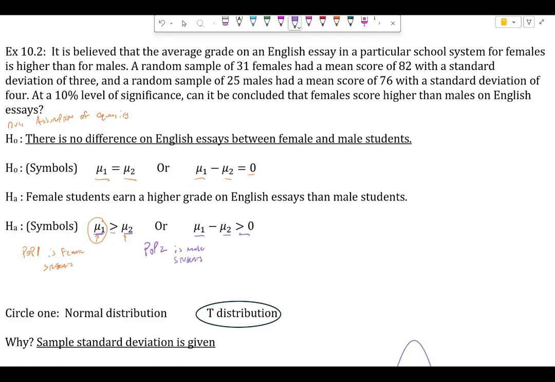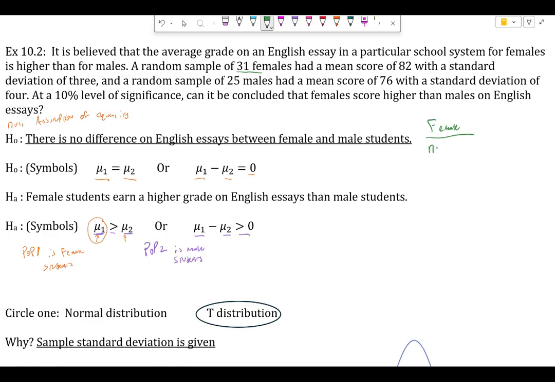One of the challenges with hypothesis tests for two samples is that there's so much information in the word problems that it can get a little bit tricky as to what it is that we're trying to use. So I'm going to underline all of the information for females, then the males in a separate color, and we'll write these into a little table. That usually helps to organize it.